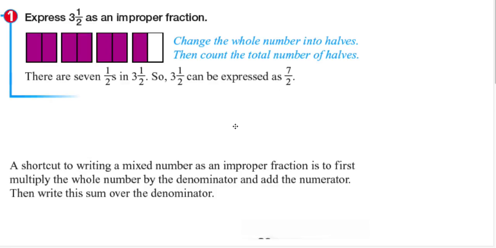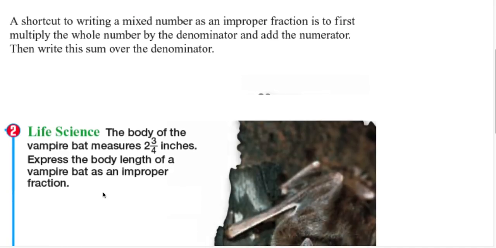So 3 and 1/2 can be expressed as 7/2. Okay, a shortcut, so you don't have to do a model, to write a mixed number as an improper fraction is to first multiply the whole number by the denominator and then add the numerator. Then write this sum over the denominator. What does this mean?